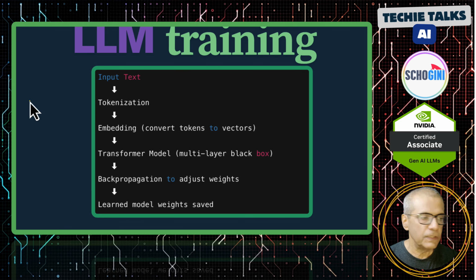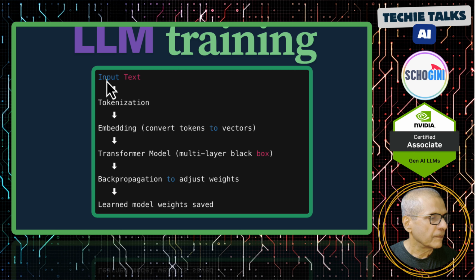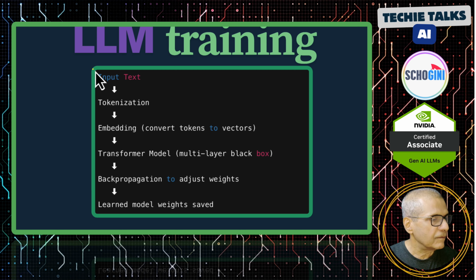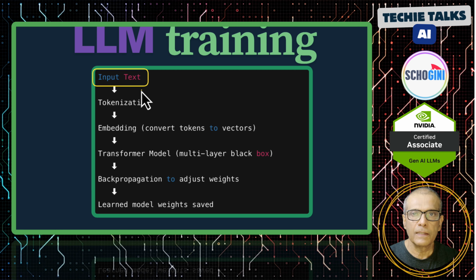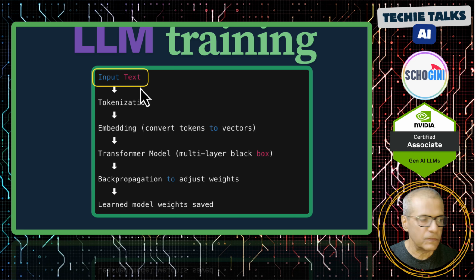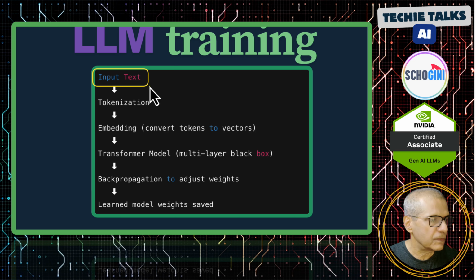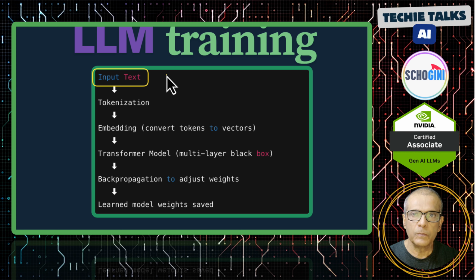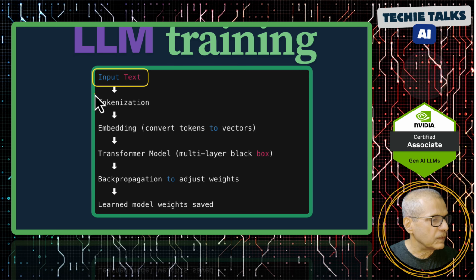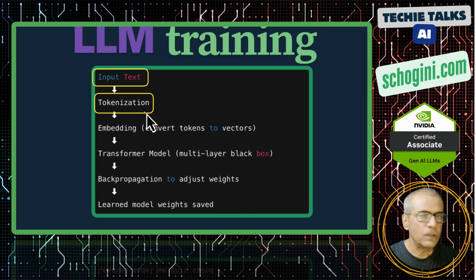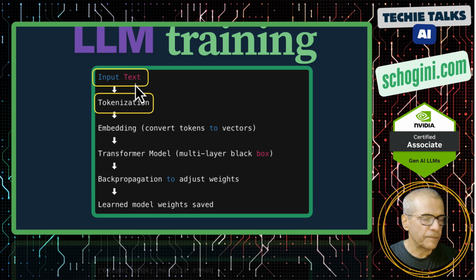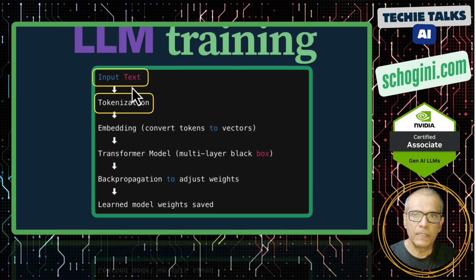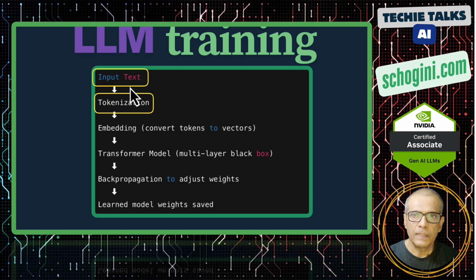So in the first video, we will have a tiny text file, maybe 2 or 3 sentences, or maybe just one sentence, as the input for the model to be trained. The next step in the process is called tokenization. This is a one-to-one mapping of the input text into numbers.